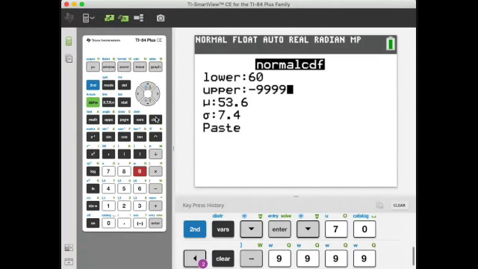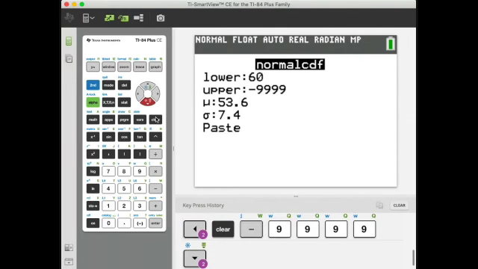It doesn't matter. We can't put negative infinity into our calculator, but if you put something really big, it'll round to 3 sig figs to be the same answer at some point. So you put negative 10,000. Even if we put 0 in, 0 is so many standard deviations away from the mean that we probably get the same answer anyway to 3 sig figs. But in general, you should put in some very large negative number.